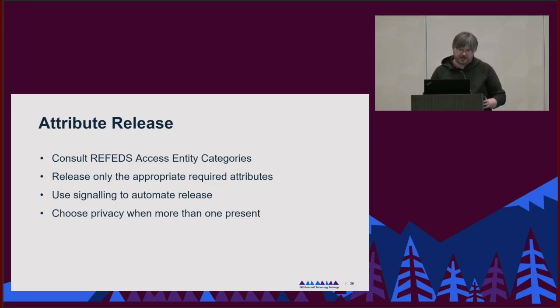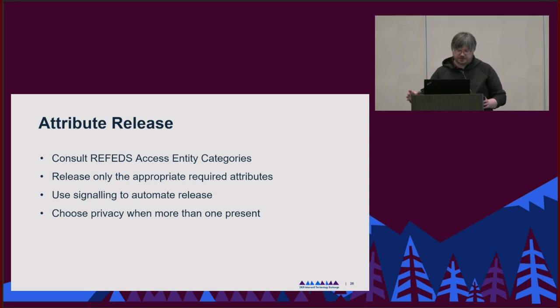And overall, as an IDP, you have to make available pairwise-id for SPs that ask for it, and you have to make available subject ID for SPs that ask for it. But we recommend that you base your attribute release primarily on REFEDS access entity categories, because that is what that specification was specifically designed to do.